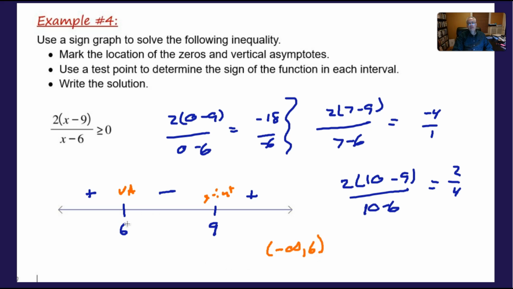Not including 6, because that's where the vertical asymptote is. Union 9 to infinity. And square bracket, because this is where the x-intercept is, and we actually wanted where it was equal to 0. So there we go. There's the solution to our inequality.